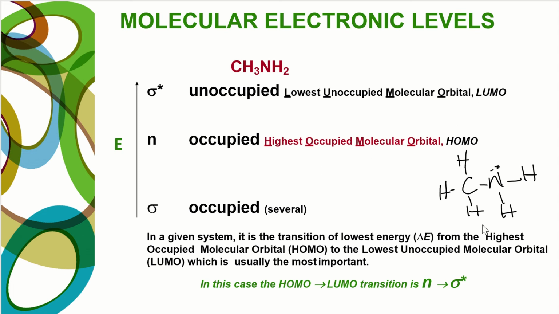So for this molecule, methanamine or methylamine, HOMO represents the highest occupied molecular orbital, which is n. These are our non-bonding electrons. And so the transition that we would see here is from n to sigma star.